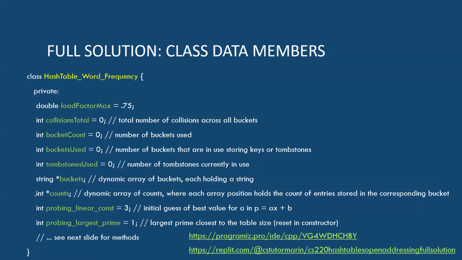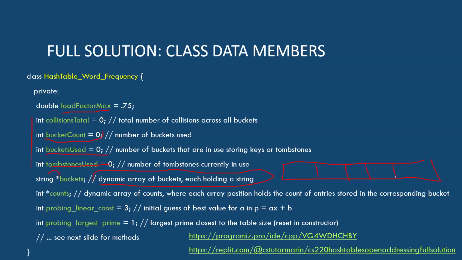So this is a collection of data members we'd want in our class. We're going to keep constant track of the load factor. And for statistical and interesting reasons, we'll keep track of how many buckets we have, how many buckets are used, and how many tombstones. And this is going to be our dynamic array of buckets. It's a pointer to a string, which means it's essentially going to end up being an array of individual string instances.